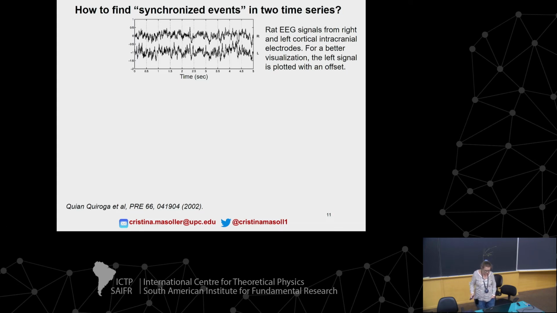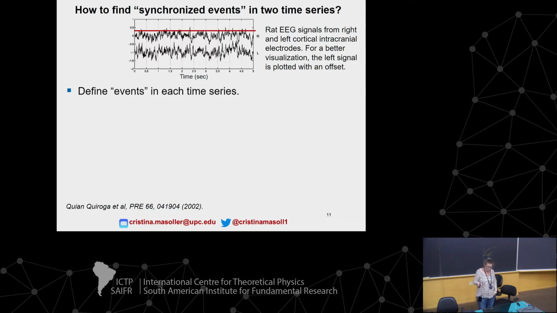This is an example of EEG signals from some rat. And you can see the left and right electrodes, which are separated, and you can see that there are some oscillations which are correlated. So how to detect if these events are synchronized or not?